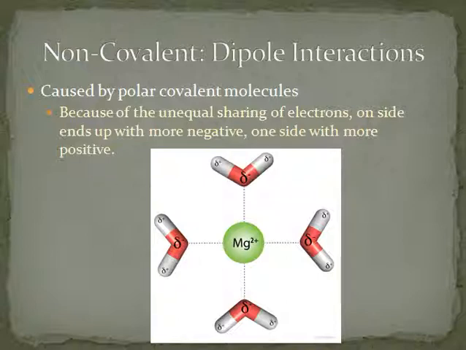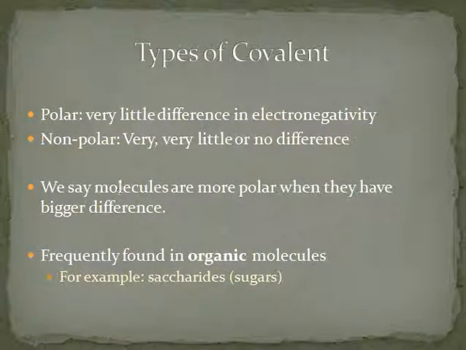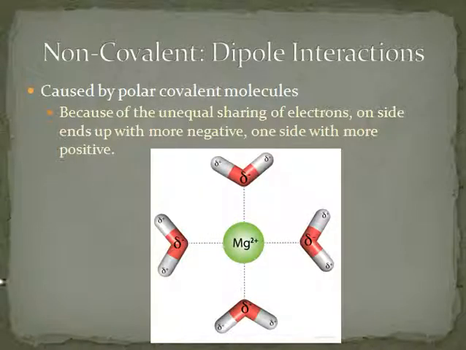So remember before when we talked about covalent and non-polar, with polar. There's not much difference, but there is a little bit of difference in electronegativity. For example, in water, these little boomerang-shaped molecules are water.